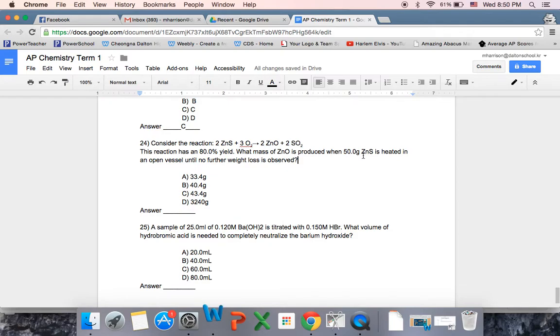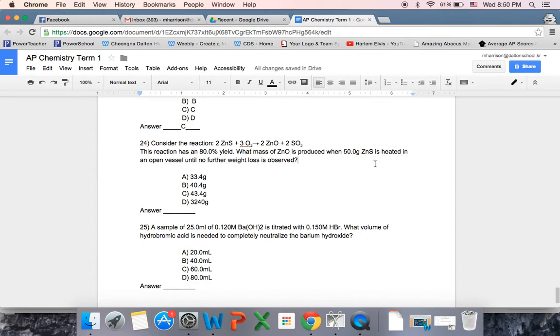50 grams of zinc sulfide. 1 mole of zinc sulfide is approximately 97, so 50 over 97 should be equal to X over the molar mass of zinc oxide, which is approximately 80.